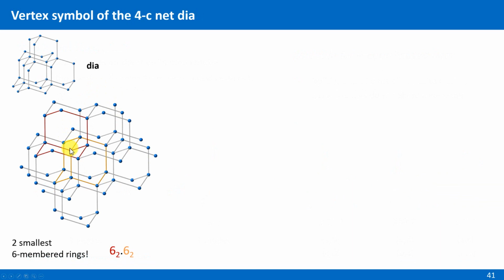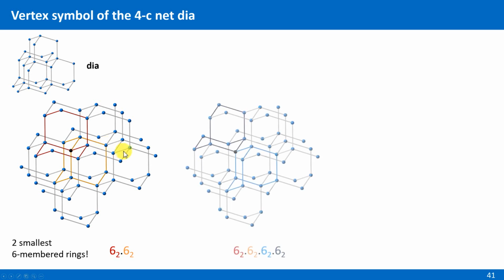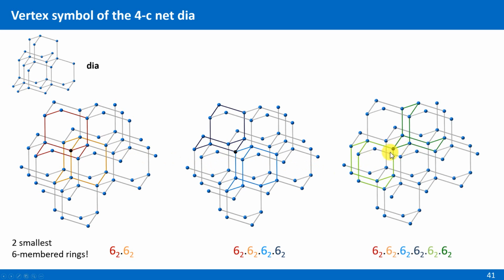If you look at this black node, then we see there are 2 6-membered rings for the red and also for the orange pair of edges. This is also the case for both blue angles and also for these 2 green pairs, 6, 2, 6, 2 again. This means that altogether not less than 12 6-rings meet at each vertex.